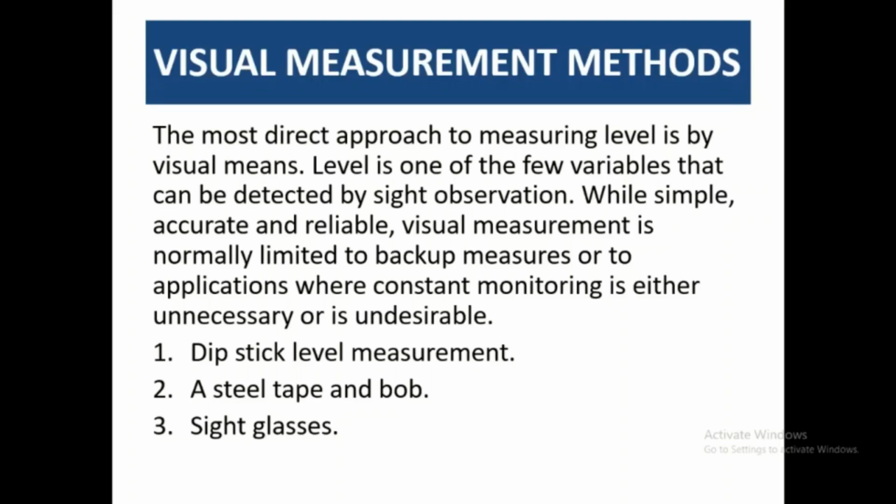On the other hand, they cannot transmit your visual measurement from one part of the process to another. If you have installed a visual indicator, the value cannot be transmitted from the process area to your control room.